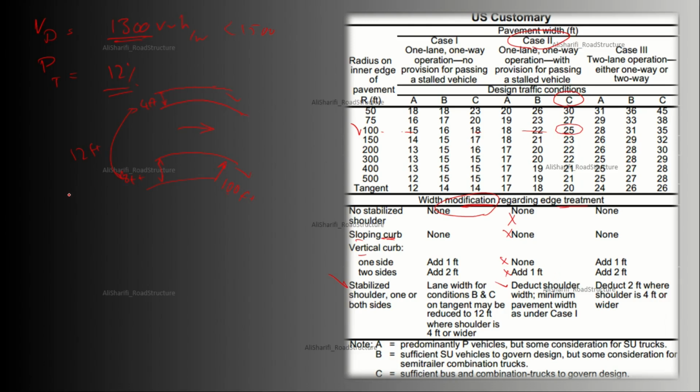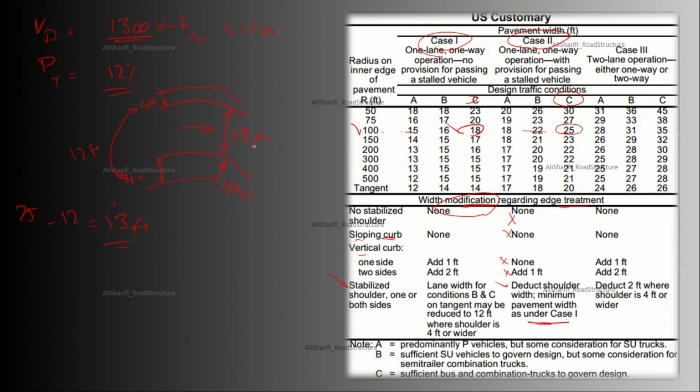So 25 minus 12 feet, it comes to 13 feet, but the outcome couldn't be less than the widths as under case 1, which is 18 feet. So the maximum of these two figures, which is 18 feet, will be the minimum width of a traveled way.